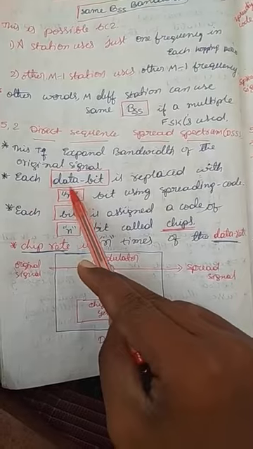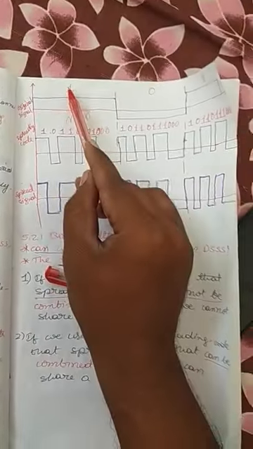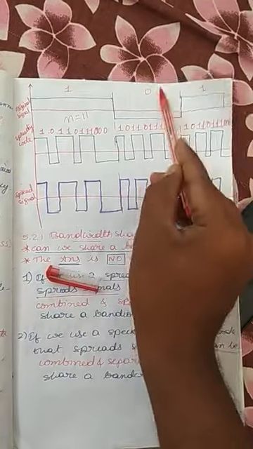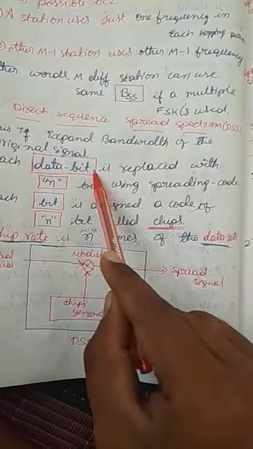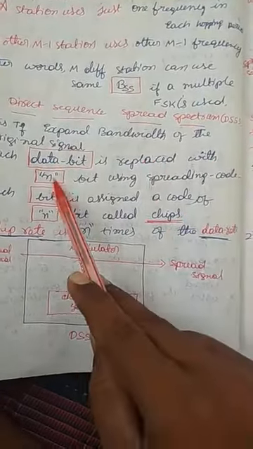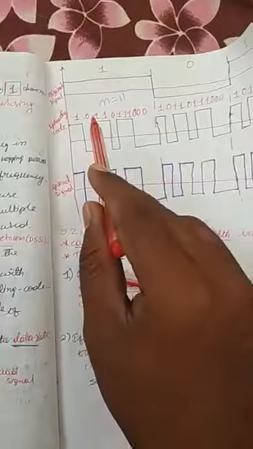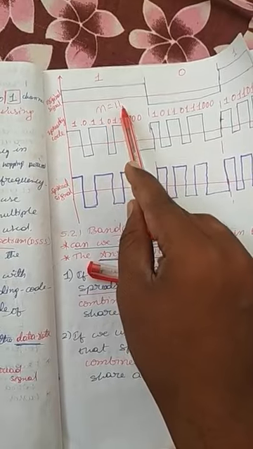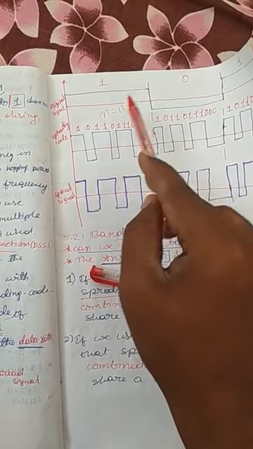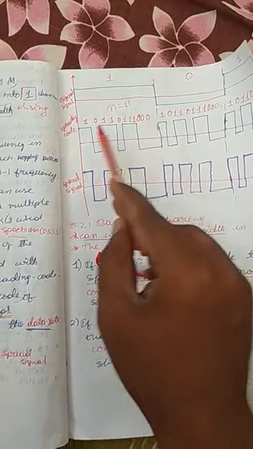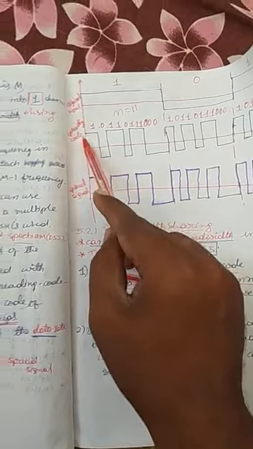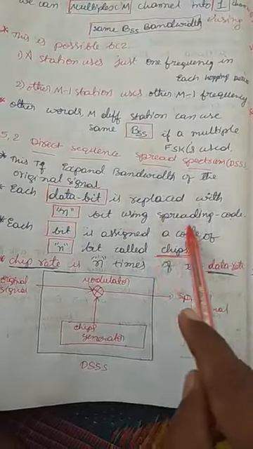Each data bit, here 101, is the data bit. It is replaced with n bits using the spread code, where n is equal to 11. This 1 bit is replaced by n bits by using the spread code. That is the explanation of this.